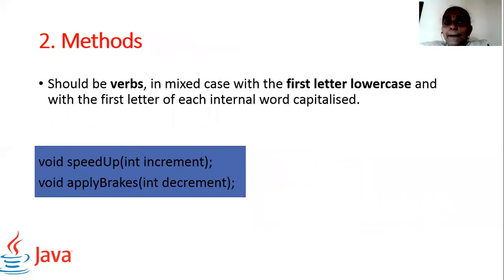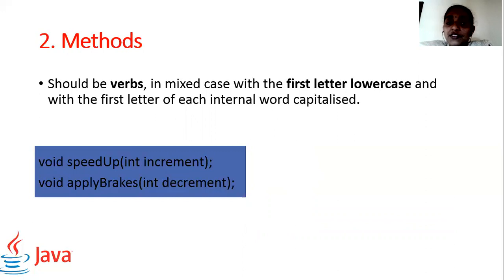The second is methods. Methods follow the camel case. They should be verbs. For example, if I have a method called speedUp, it consists of two words, speed and up. S is in a small case and U is in capital.